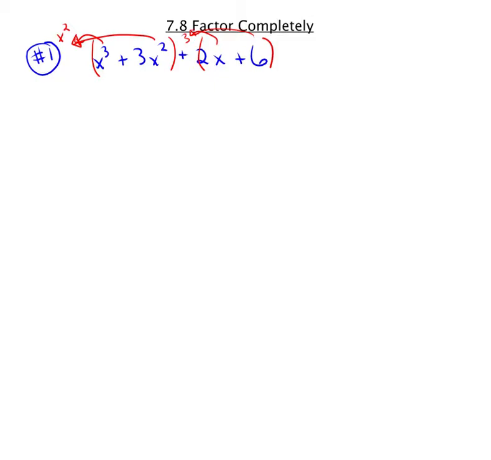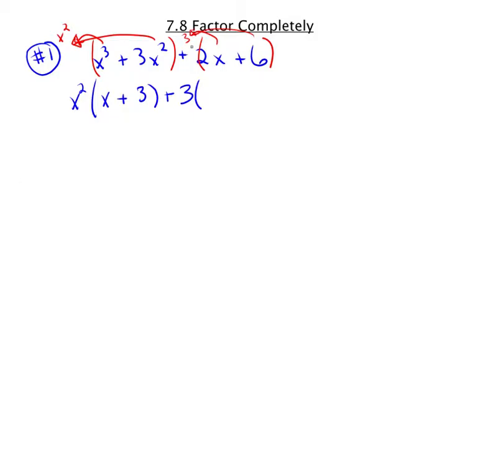So what we can do is factor out that x squared out front, and we're left with x, because x squared times x is x cubed, plus x squared times 3 is 3x squared. Now, if we bring down the plus, we'll factor out not a 3. What was I thinking?